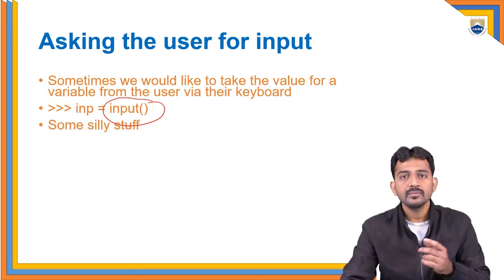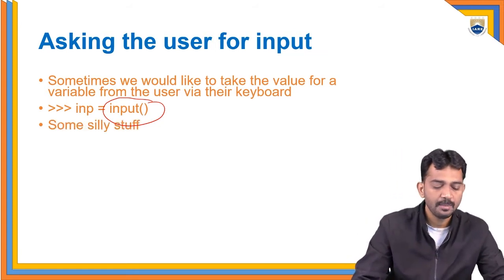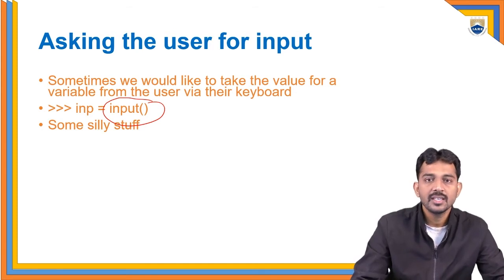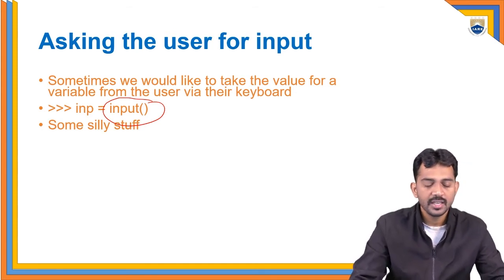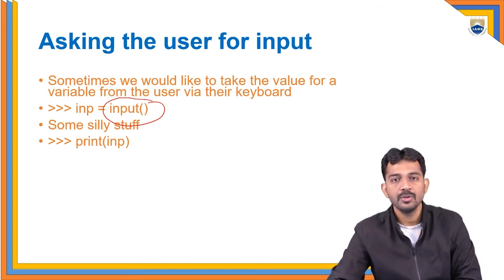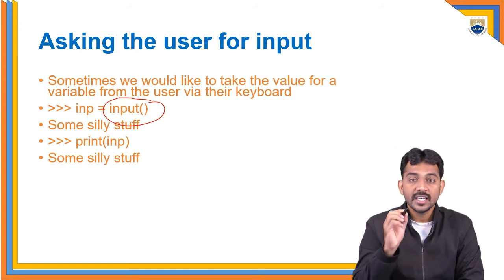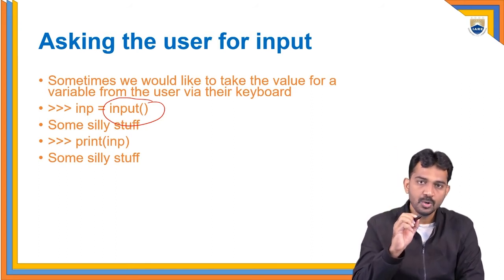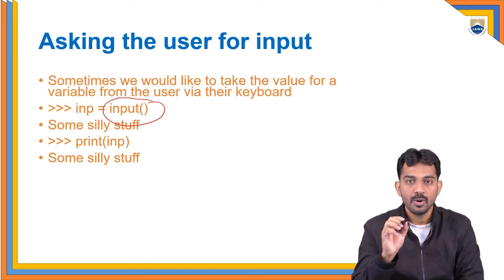For example, if I read some silly stuff as data, the data is stored in the variable inp. If you print the inp variable, it will print some silly stuff. So please note that the data which you read from the input is in the form of string only.